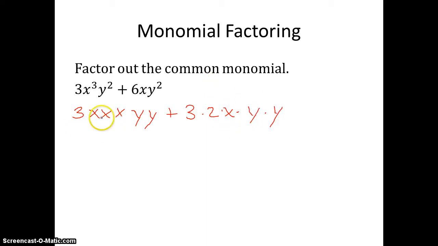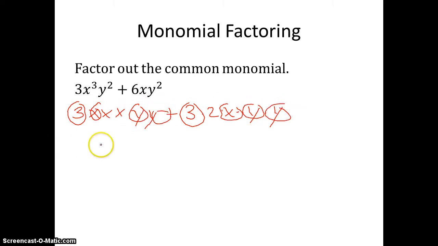Now what do I do? I look for what they have in common. So I'll circle everything they have in common. So they have a 3 in common. They have 1 x in common. And they have 2 y's in common. So everything I circled, I write first, 3x y squared, and then I do my parentheses, and then whatever is left, you can underline it, maybe if it helps see it a little bit clearer.